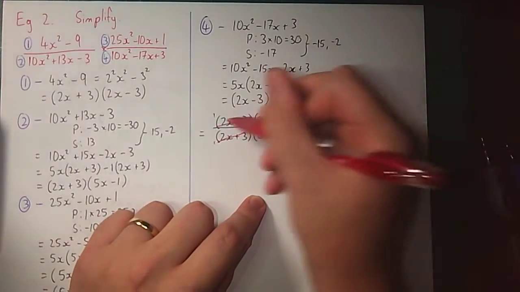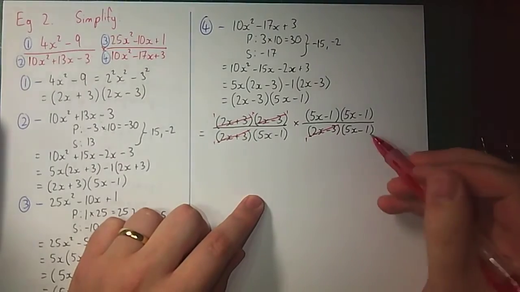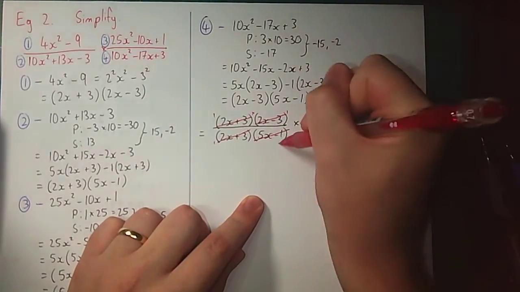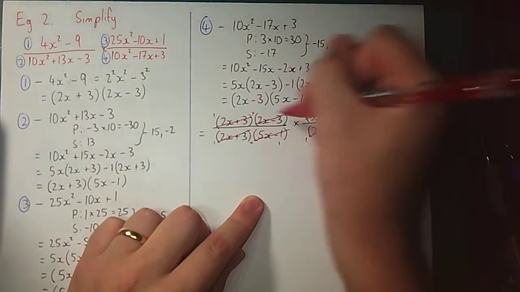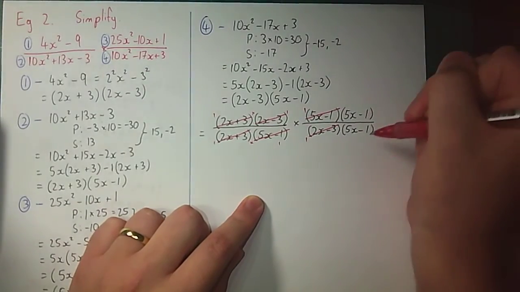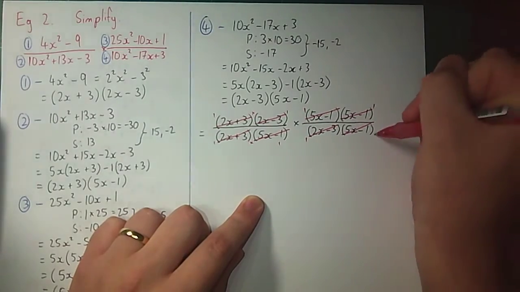So up here we've just left with 1 times 1, which is going to be just 1. What else do we have? We've got 5x minus 1 here. There's a 5x minus 1 here. Cancel those out. So there's another option where it's 1 times 1, 1 times 1. And here we've got 5x minus 1 and 5x minus 1. So we can cancel those as well.